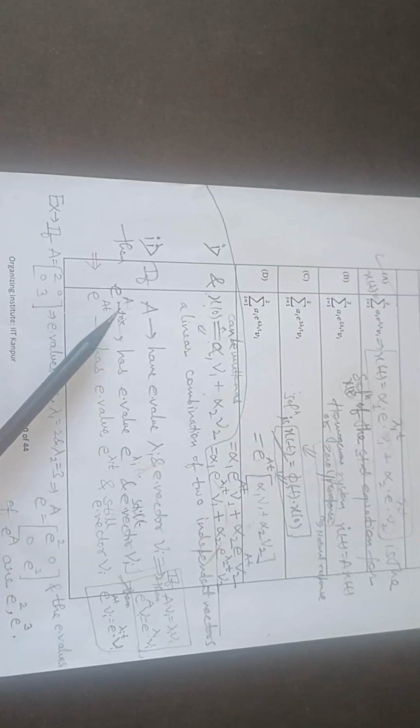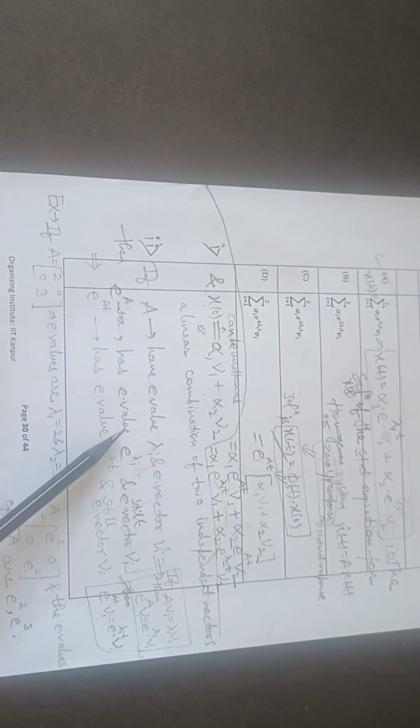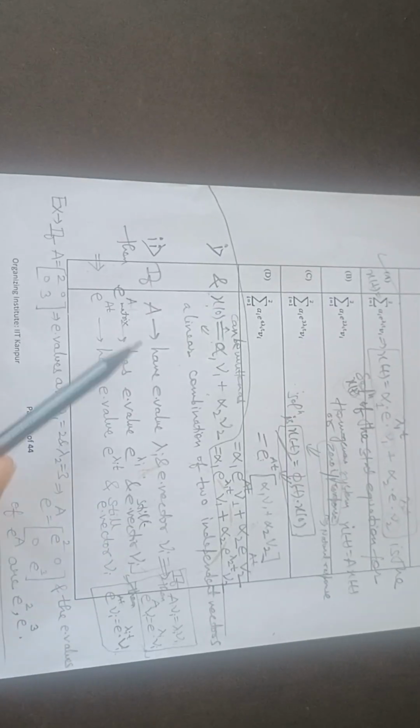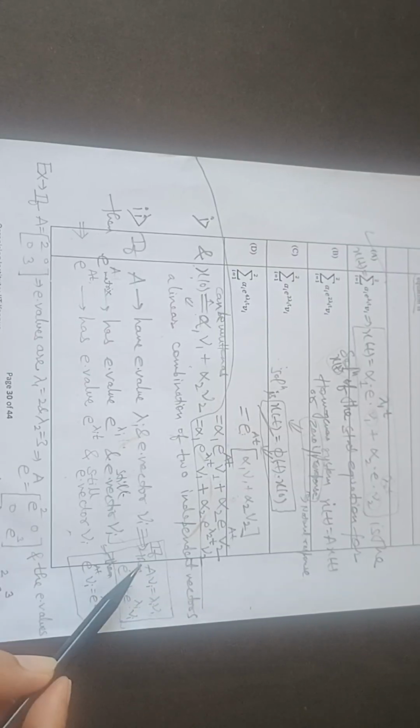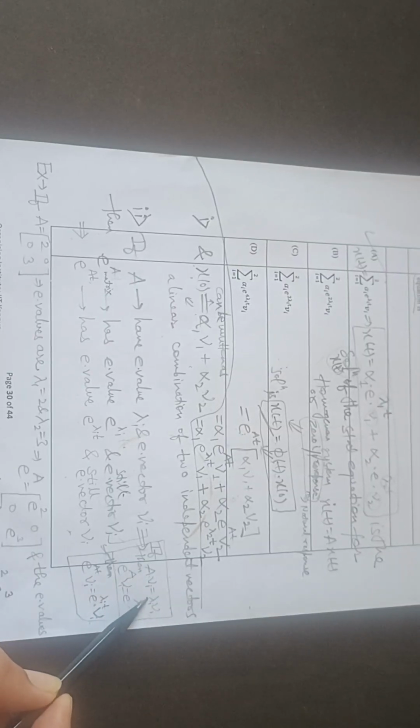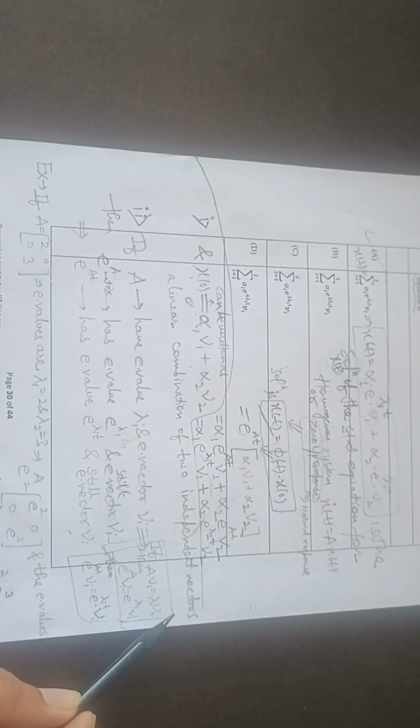Now I know that if A has eigenvalue lambda i and eigenvector vi, then e to the power A has eigenvalue e to the power lambda i, but the eigenvector will still be vi. And if I multiply by t, then the eigenvalue will be lambda i t and the eigenvector will still be vi. Just like Ax is equal to lambda x in maths, A times vi is equal to lambda i times vi. So this is the eigenvector equation.